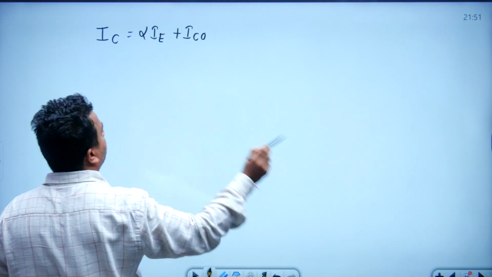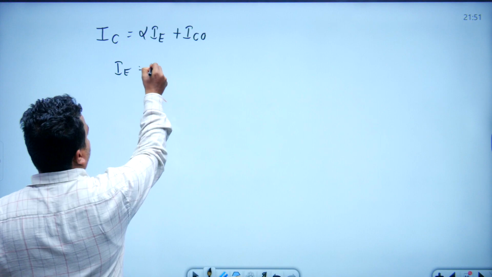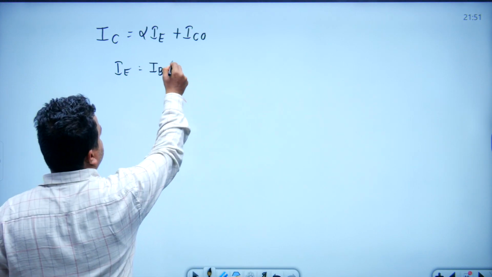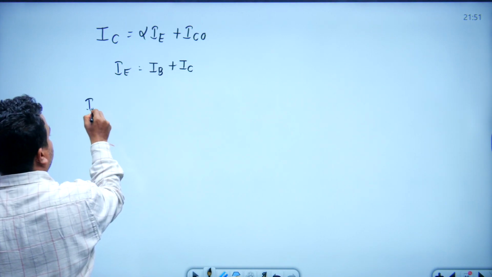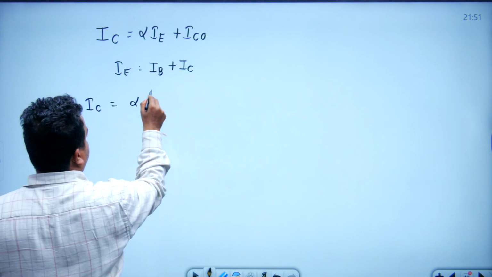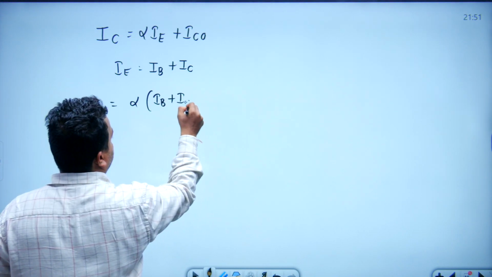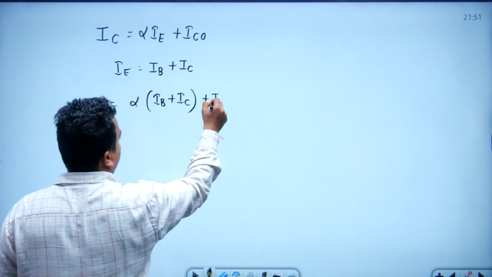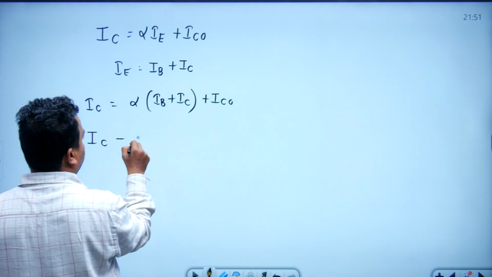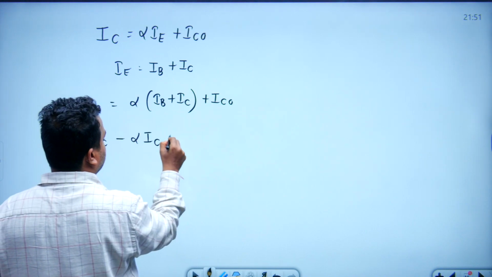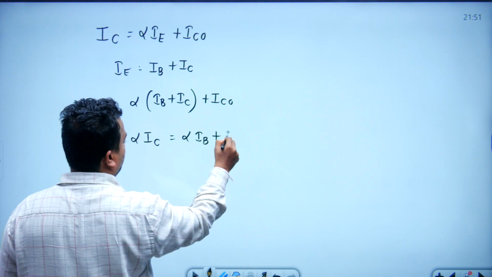We know very well the emitter current IE is equal to IB plus IC. Now if you substitute in that expression, IC is equal to alpha into (IB plus IC) plus ICO. Now if you move the terms, guys, IC minus alpha IC is equal to alpha IB plus ICO.